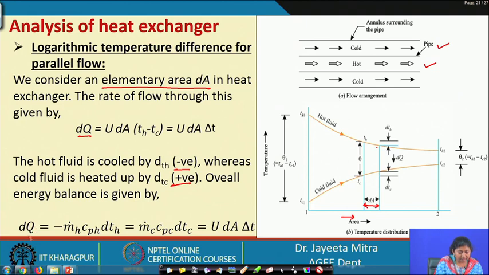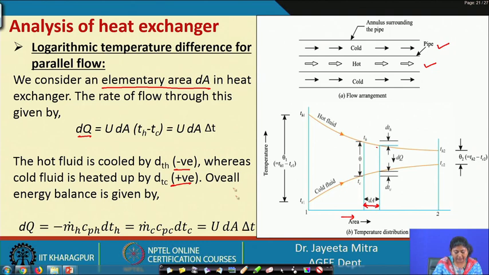So, dQ will be equal to minus mh dot, the mass flow rate, into Cph, the specific heat, into dTh. We put the minus sign because of that, and this dQ will be mc dot Cpc into dTc, so there is a positive change in the direction of the area.